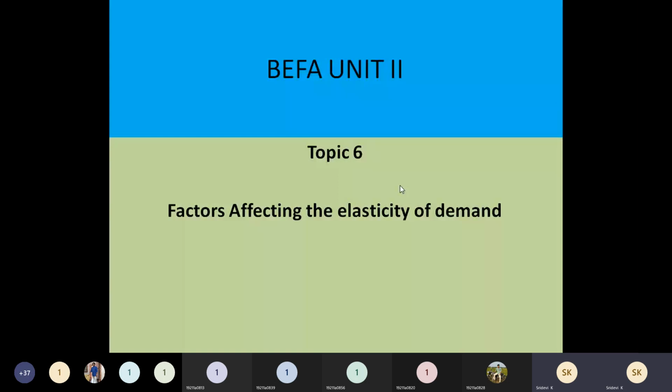Necessary products means those which are compulsory for human beings to live, like food, vegetables, medicines, etc. In this case, even if the price is increasing, there will be inelastic demand. Inelastic demand indicates that the business person can increase the price of the product because there is no change in the sales.